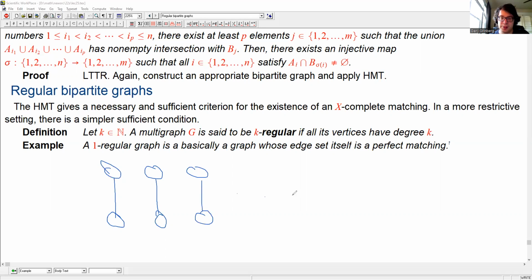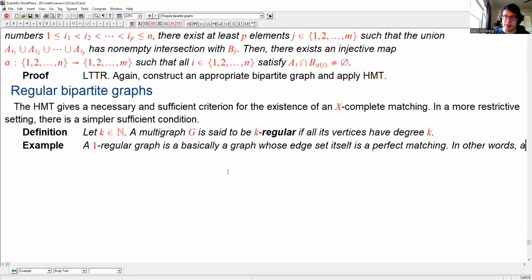So this graph is a disjoint union of paths P2 with only two vertices each, and of course, this is itself a perfect matching. This is not a very interesting kind of graph, but it's good that they fit into this definition as well. So in other words, a 1-regular graph is a disjoint union of copies of P2.